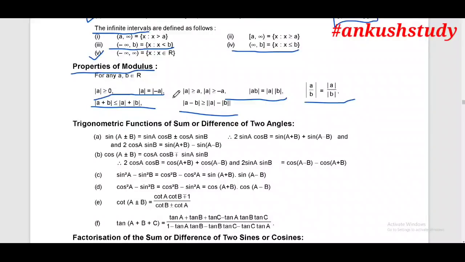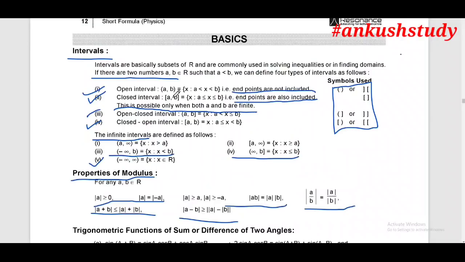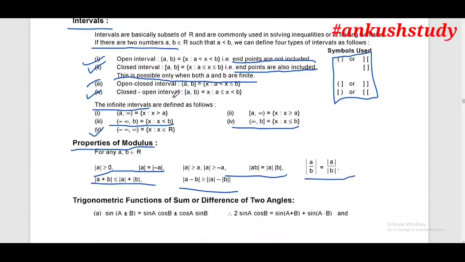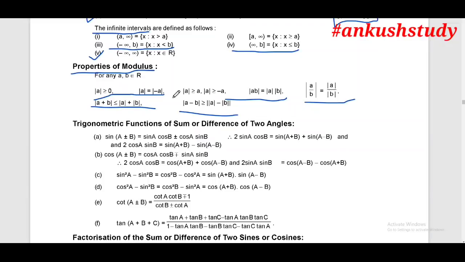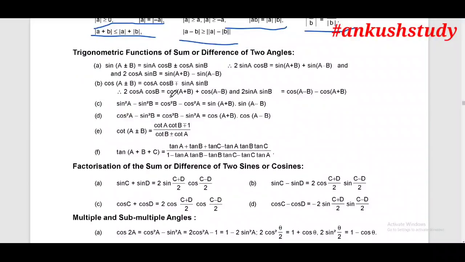This is also very easy compared to any other chapter, so prepare it well.